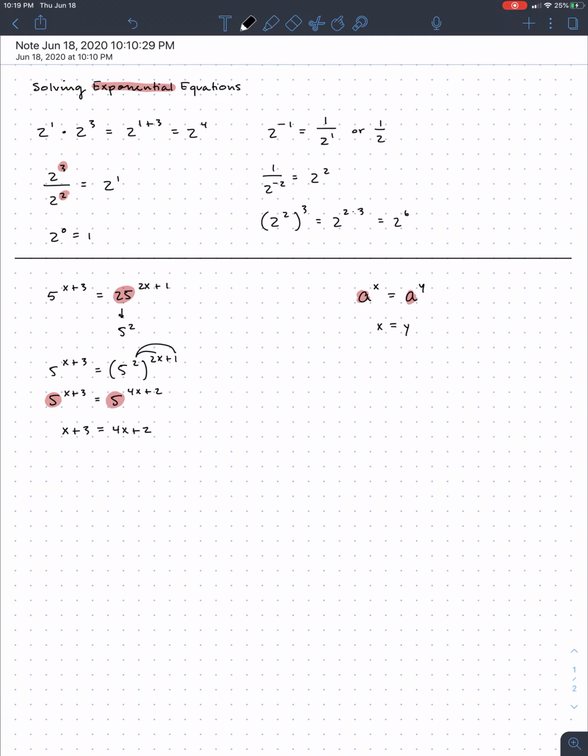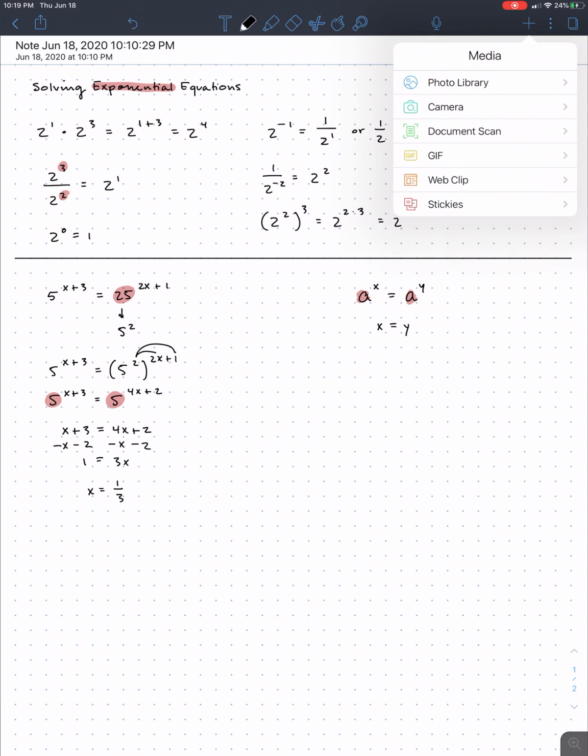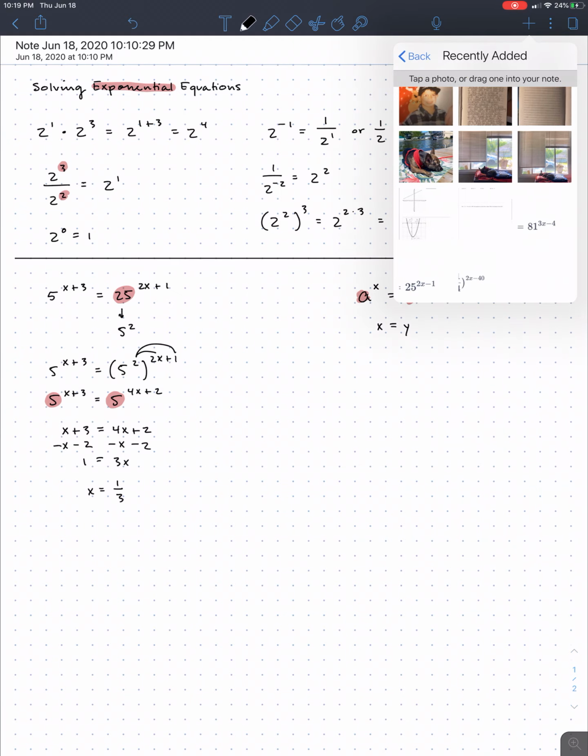And now I have a two-step equation, so I'm going to subtract 2, subtract x, and I have 1 is equal to 3x, or x equals 1/3. Okay?